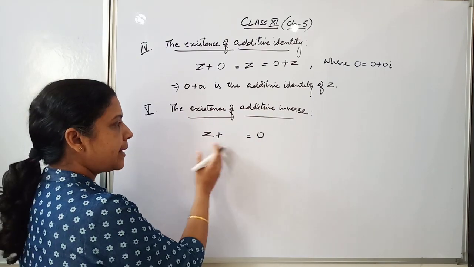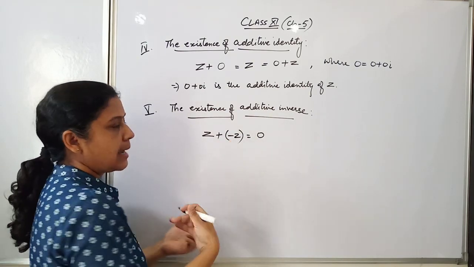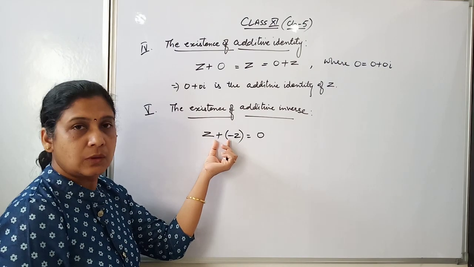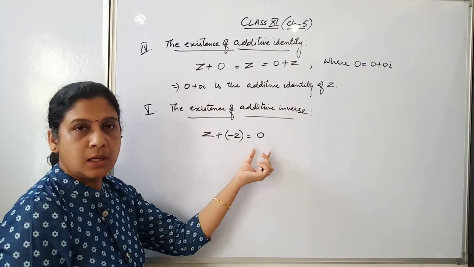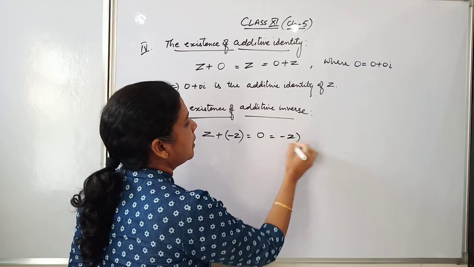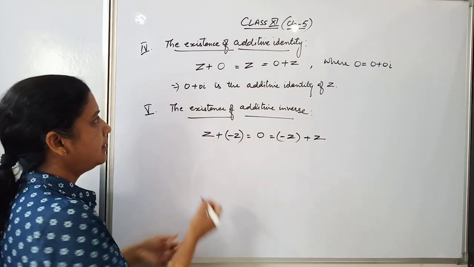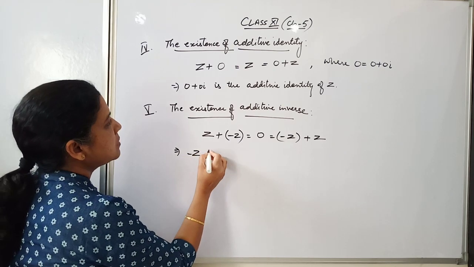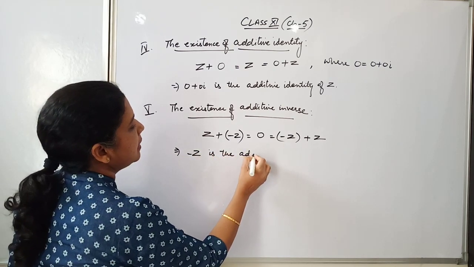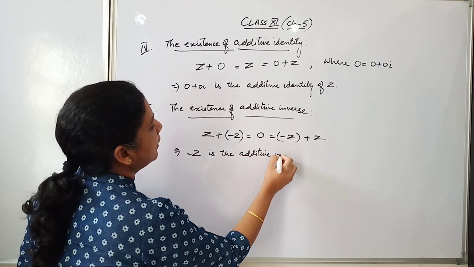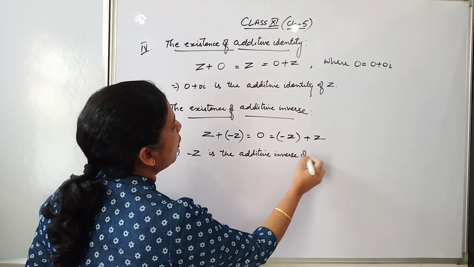So what should I add? All of you will be saying just add its negative, because plus minus will be minus. Z minus Z will be 0. So I have added minus of Z over here. This implies minus of Z is the additive inverse of Z.